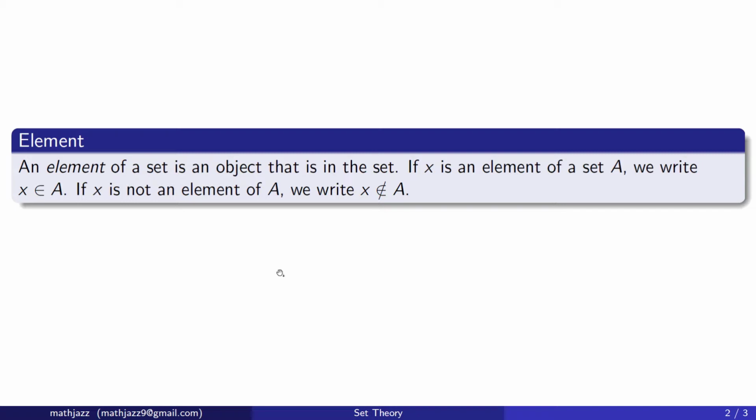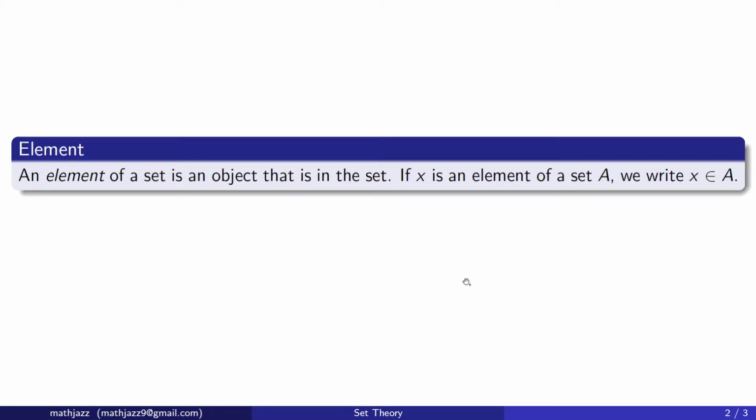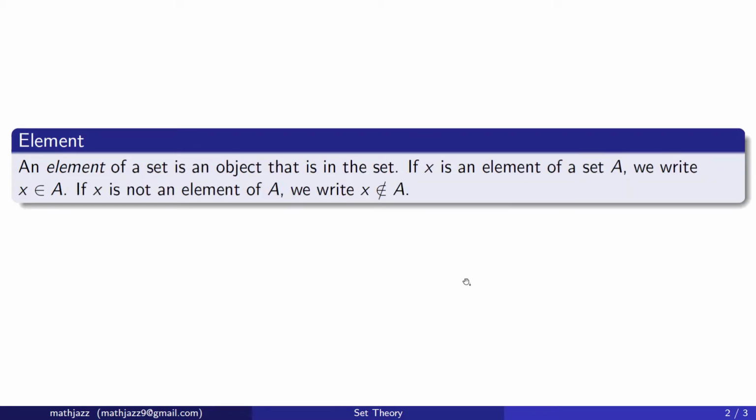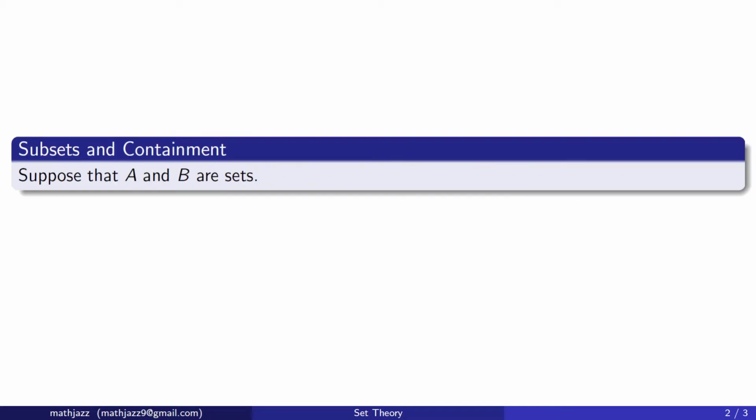If x is not an element of A, we write x and then the same in symbol, but with a slash through it, and then the name of the set. So x is in A and x is not in A are how we read those expressions.